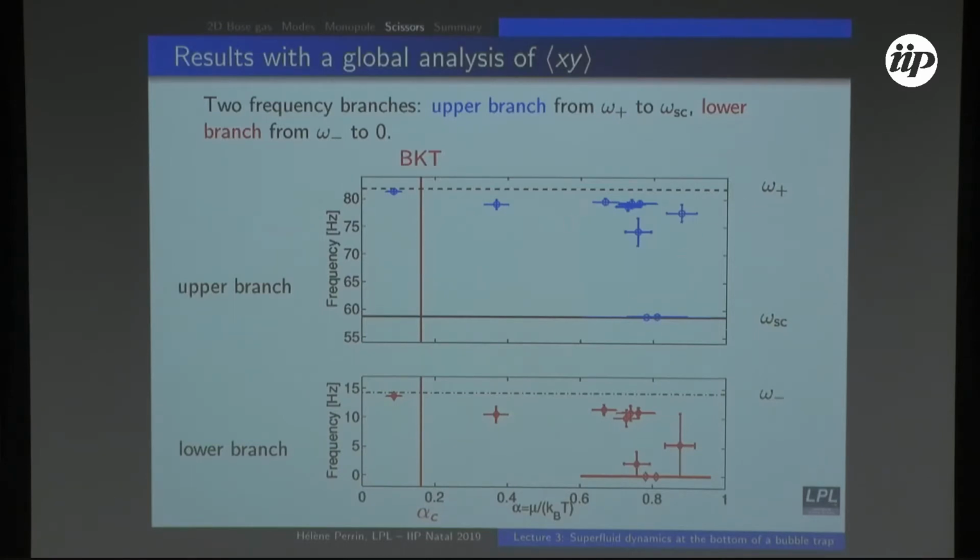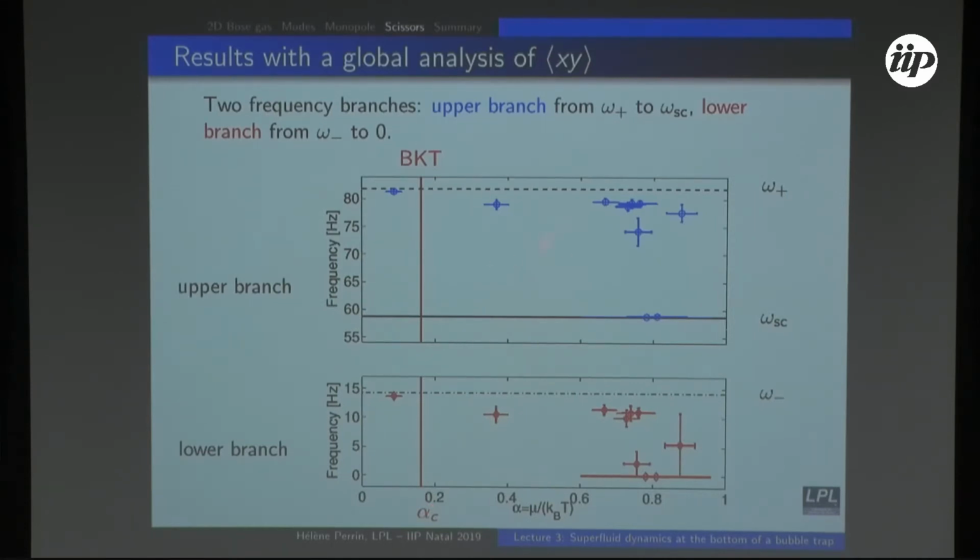And then we observe, well, many points where we see some shift, etc. So we would say, by seeing the data points, that, okay, here it is thermal, controlled somewhere here. Now if we compute what we expect for the BKT transition, the critical value of the reduced chemical potential is here.